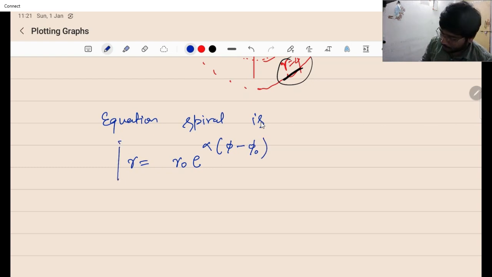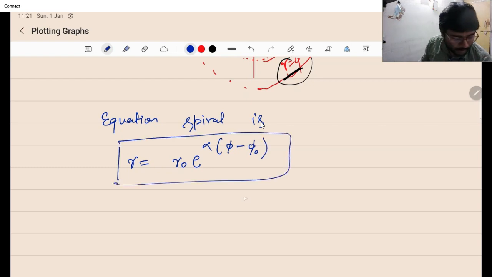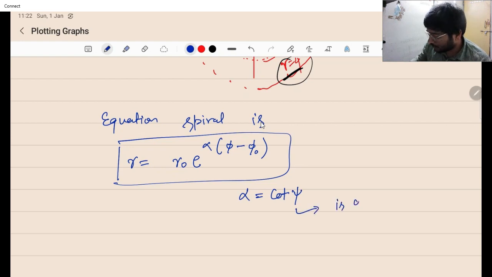Here alpha is cot psi, where psi is the angle between the radial vector and the tangent vector.